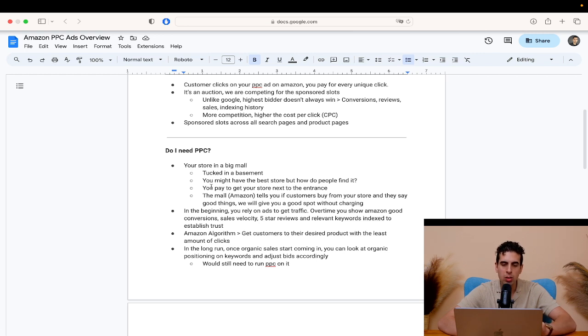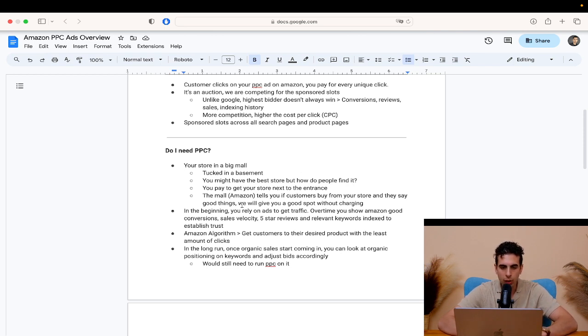Is there a chance you can get us somewhere close to the entrance so that people can find us? Our store is phenomenal. You might have the best store, meaning the best listing on Amazon, but it won't matter because there's literally no traffic when you're somewhere in the basement. So you need to get in front of people, by paying Amazon if that gets you a spot closer to the entrance. Okay, that's how I think about it.